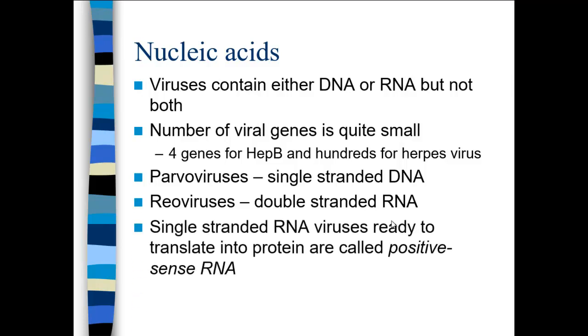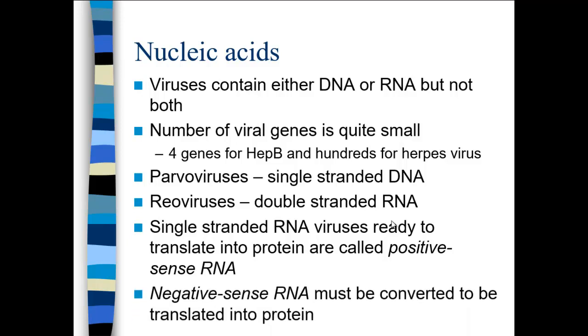Single-stranded RNA viruses are ready to translate into protein. So with single-stranded RNA that is positive sense, the ribosome of the host cell can just attach to that positive sense RNA, and it can start to make the viral proteins. Okay.